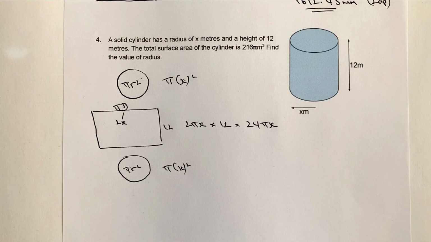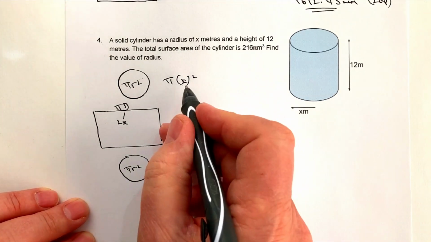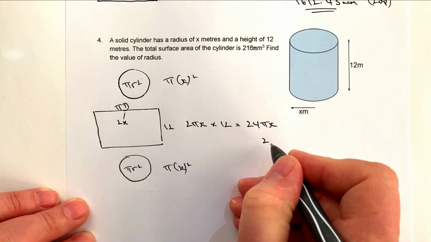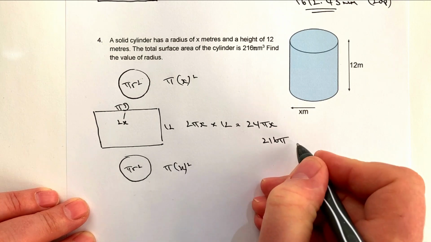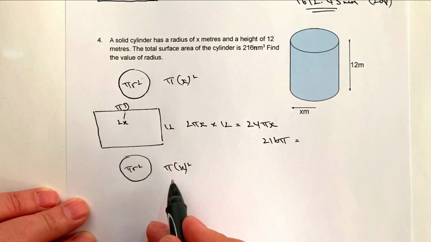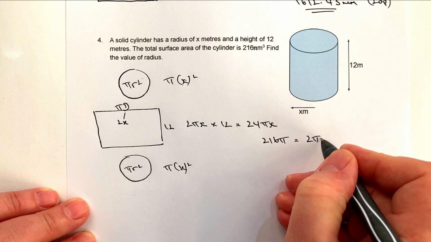Well, if I add all of these numbers together, I'm going to get 216 pi meters cubed. Okay, so let's have a look at this. So the total surface area is the sum of these 3 numbers. So I'm going to get 216 pi equals... And remember I said pi x squared plus pi x squared is going to be 2 pi x squared.